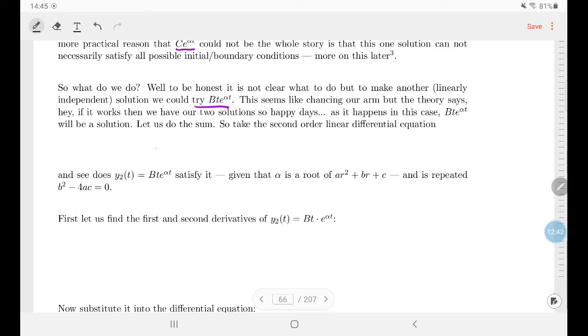So we've got a times the second derivative plus b times the first derivative plus c times the function we're looking for equal to 0. Now we know that alpha is a root of the auxiliary equation. So where is this alpha coming from?